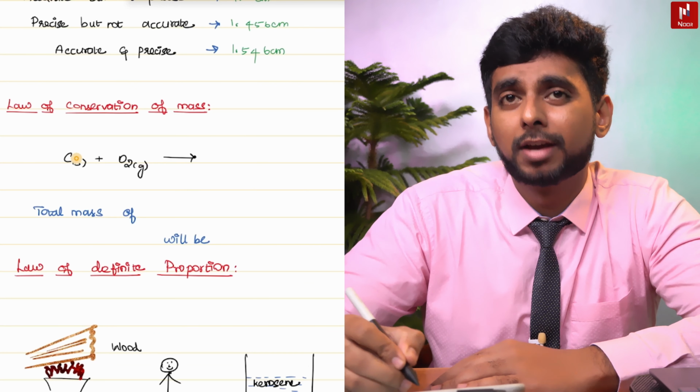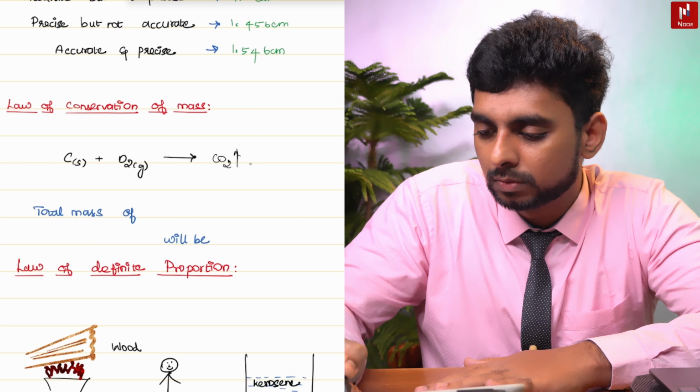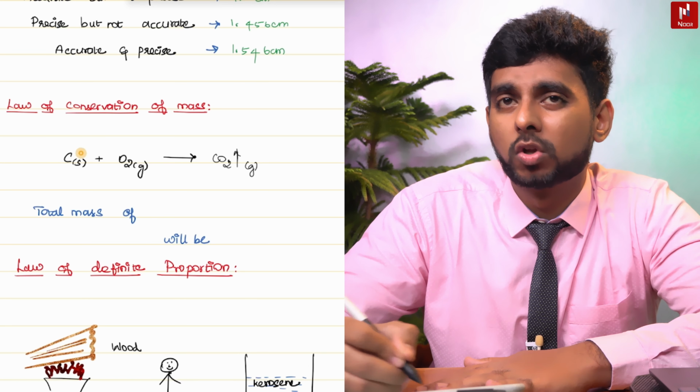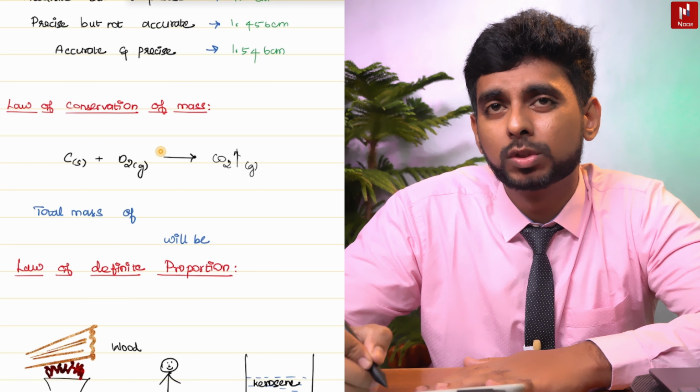Carbon will burn in the presence of oxygen. We know that stuff. Therefore, when these two things combine, it will end up producing carbon dioxide, right? So the final product over here is also in gaseous state, which will give you carbon dioxide. Got it? So carbon was in solid form, same way oxygen was in gaseous state. These two combined and then it produced carbon dioxide, which was in the gaseous state.